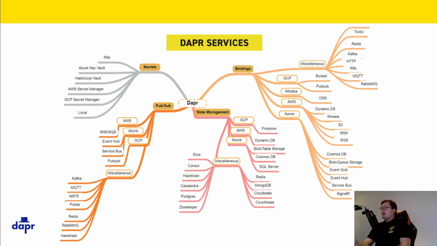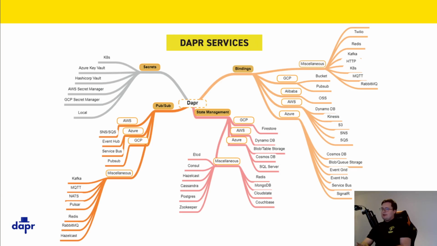Things like Redis Cache, MongoDB, Cosmos DB, Postgres databases, MQTT, Kafka, RabbitMQ, Azure Key Vault, Secret Manager, HashiCorp Vault, S3 storage, queues, SQS, DynamoDB, SignalR, you name it, and it's there.